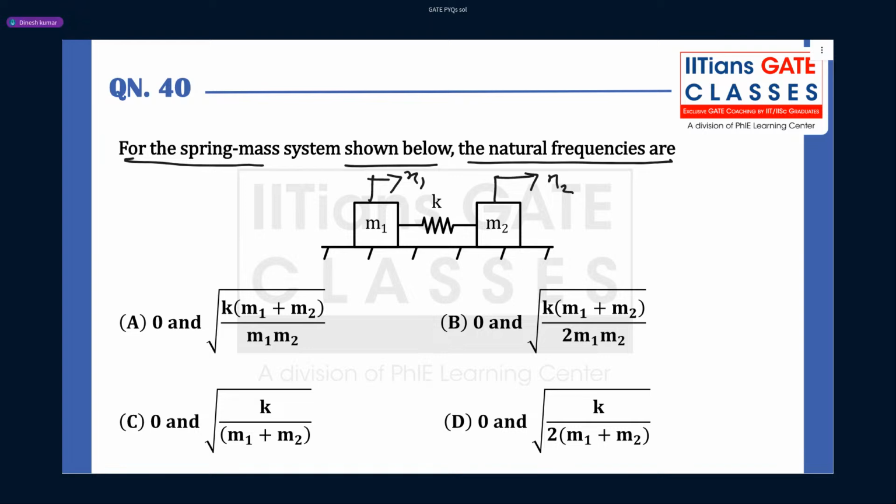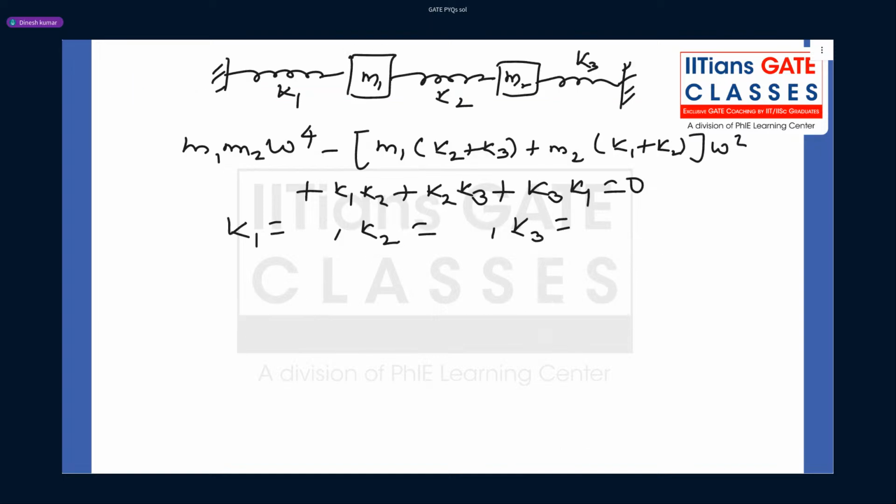Is there any spring here? No. So your K1 is 0. Is there any spring here? No. So K3 is 0. What is K2? It is equal to K. And the masses are given already, M1 and M2. So it is 0, K, 0. Good. Now substitute 0, K and 0 in this equation.